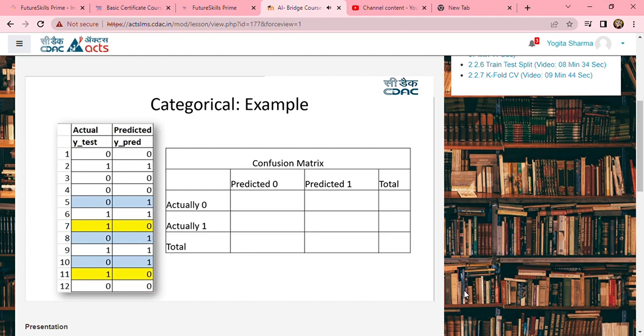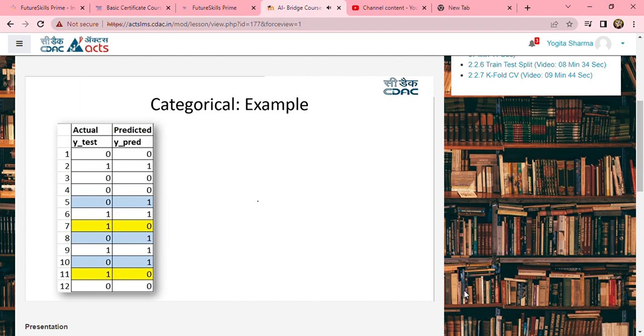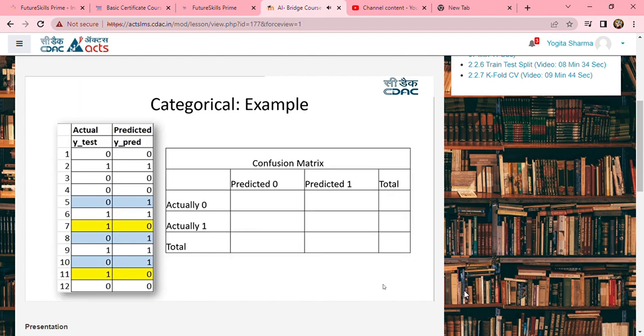So we should be writing 4 over here. Let's talk about the cases where y_test was 0, but the predicted was 1. Such observations, we see 1, 2, and 3 cases are there. Hence we will be writing 3 over here.